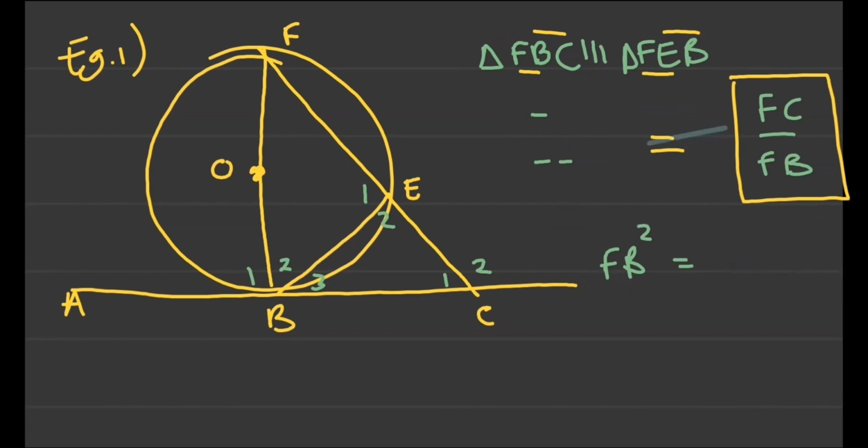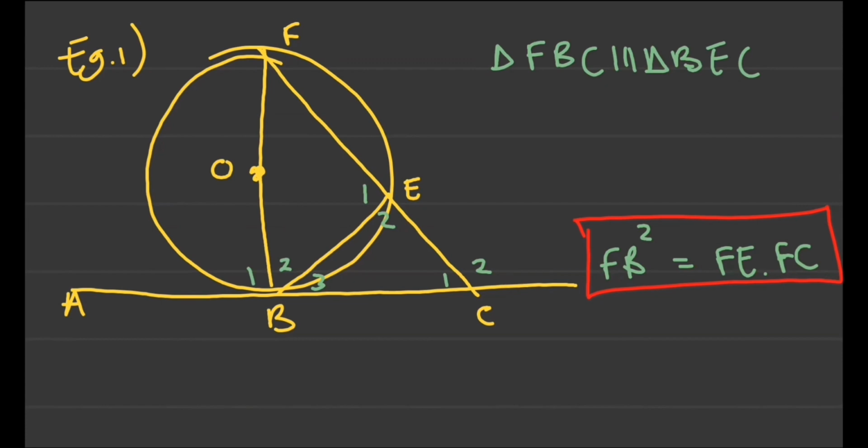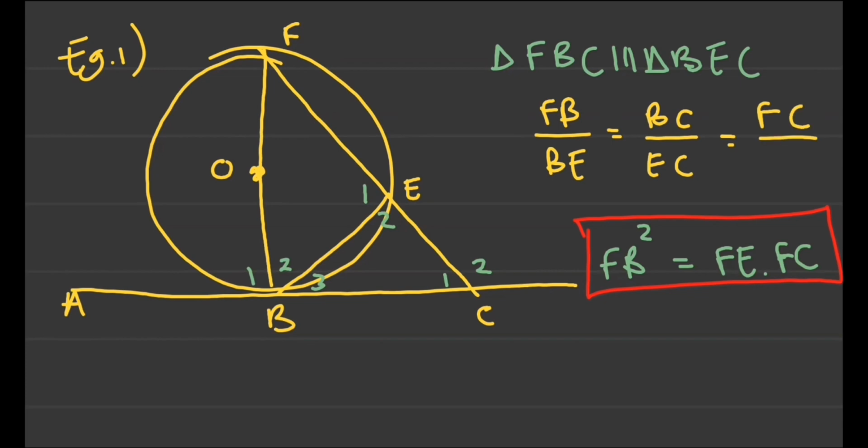Okay, now let's take the other pair of triangles that we used. FBC, that's the big one. BEC, that's the one outside the circle. Here we can now say that FB, again, I'm taking the first two letters, over BE, and then I take the last two letters, so BC over EC, and now I take the first and the last letter, so that's FC over BC.